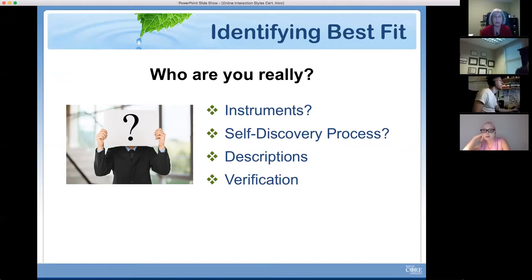Self-discovery process, well, that alone will work with a lot of people. And I found that some people don't have enough self-awareness at this point in their lives to be that accurate. Another thing that's really important is good descriptions.